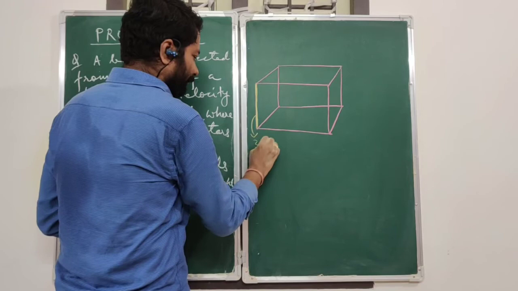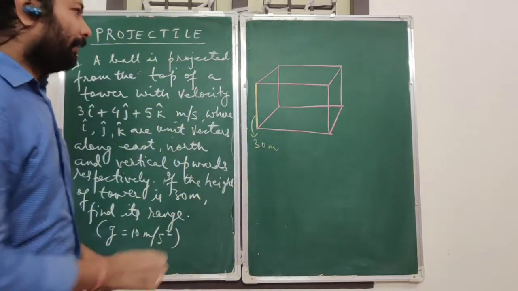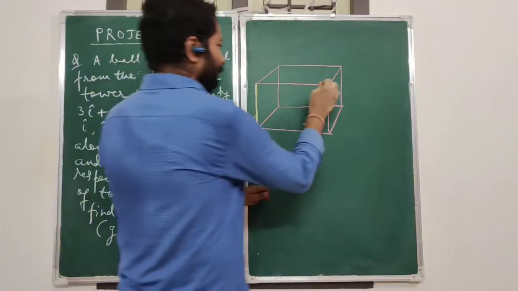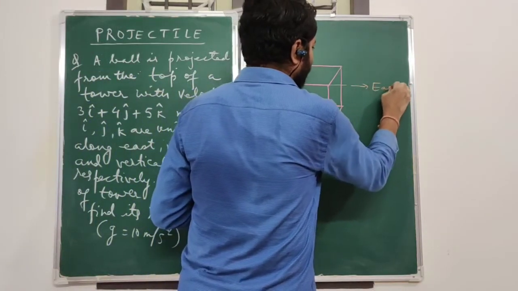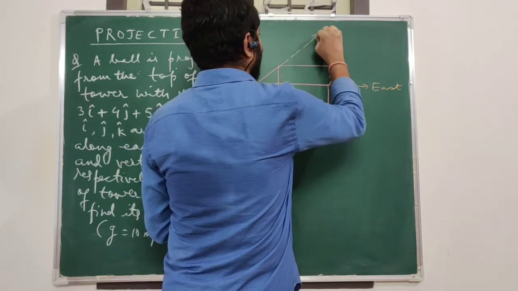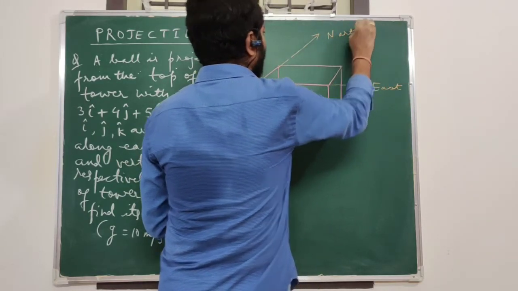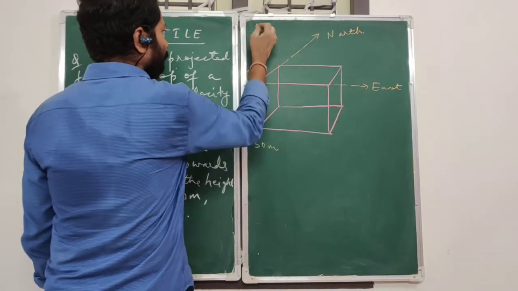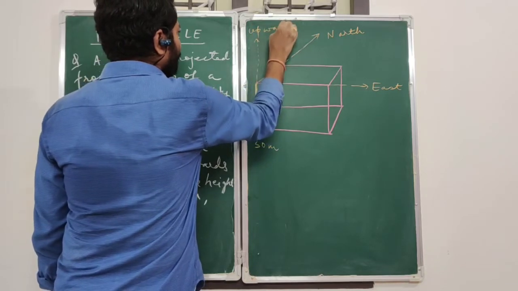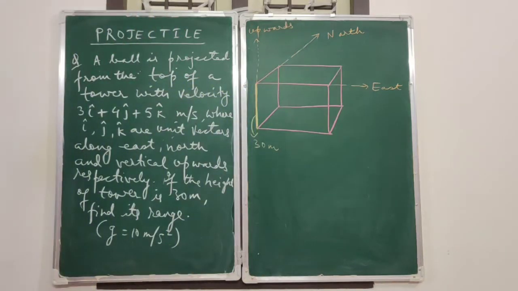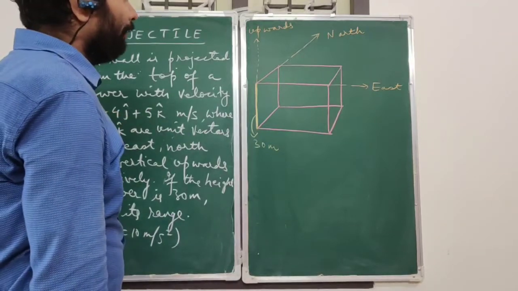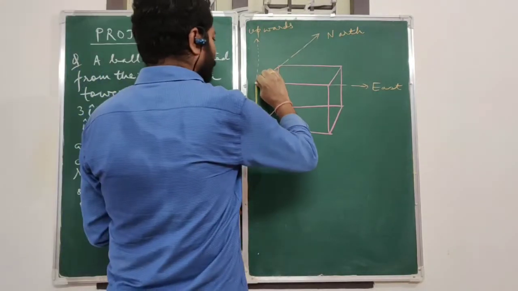Obviously we can assign the different directions. So let us do it. Let us say this is our east direction, this is north direction, and this is vertically upwards direction. And you are throwing a ball with some velocity 3i cap plus 4j cap plus 5k cap. So you are throwing some ball like this.